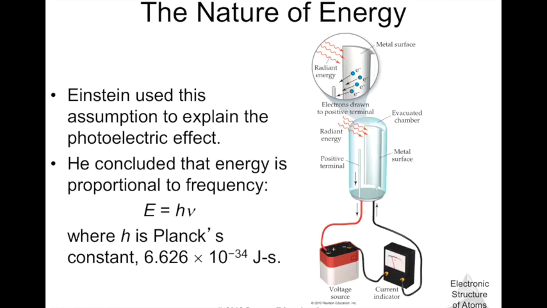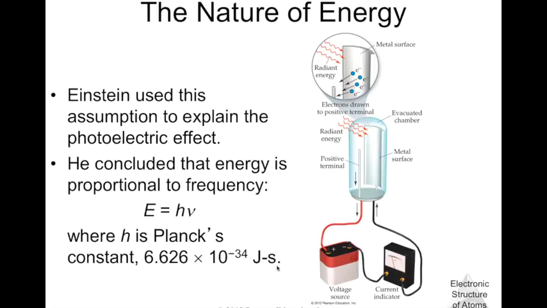And then Einstein used this to explain the photoelectric effect. If you've got a stream of light coming in and hitting the metal surface and exciting the electrons, he figured out that the energy is proportional to the frequency. So energy equals Planck's constant times the frequency, and Planck's constant is 6.626 times 10 to the negative 34 joule seconds.